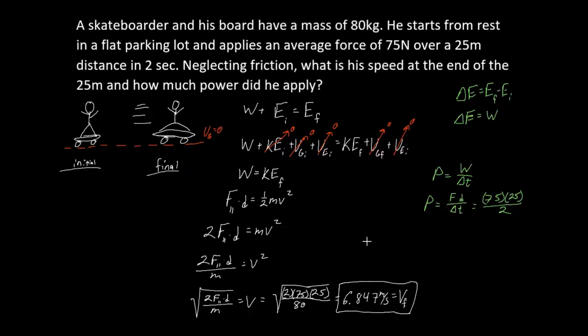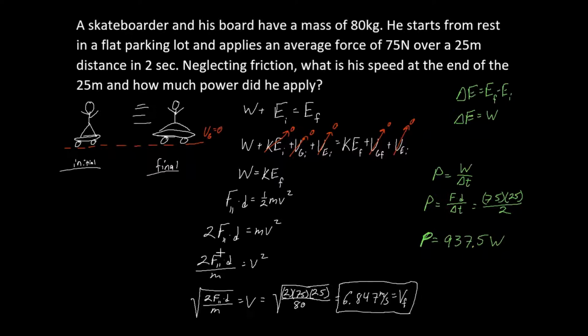That's not 75 times 25. It helps if you plug it into your calculator correctly. The average power that this person applies is 937.5 watts of power, which is actually not unheard of. That seems like a very reasonable answer for him. He started moving pretty quickly at the end of that time period.